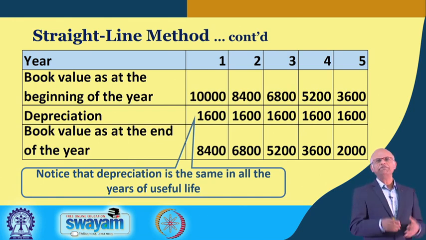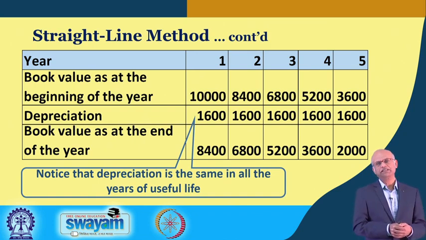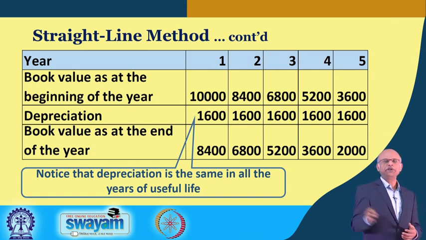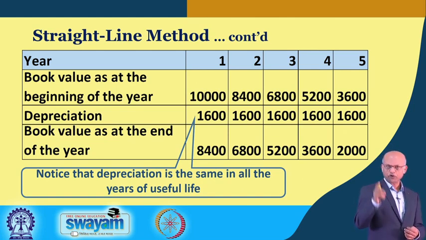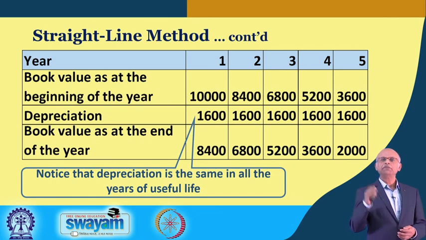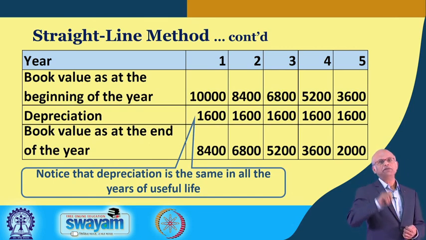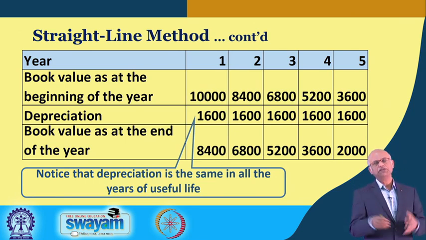Next year the opening value is 8,400 because that was the closing book value last year. But then during the year your asset is going to be depreciated by 1,600 rupees. So, at the end of the year, when you prepare the balance sheet as on the close of business of the last working day, the book value of this asset, the beginning book value minus depreciation, is equal to 6,800.